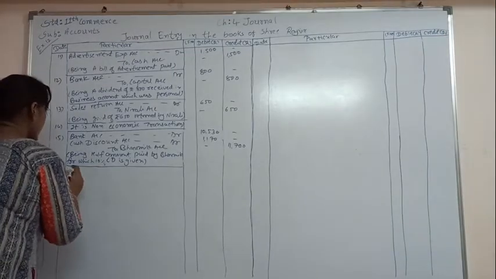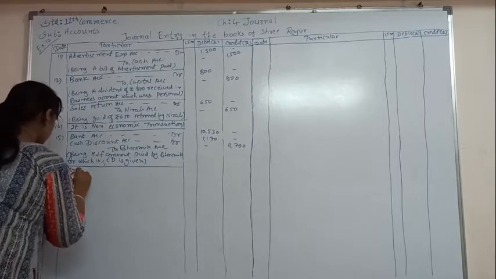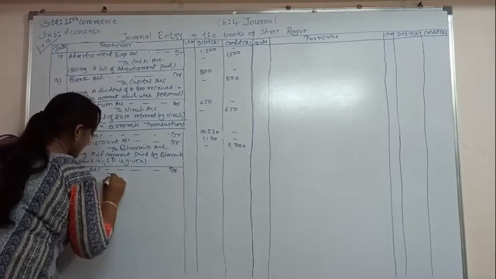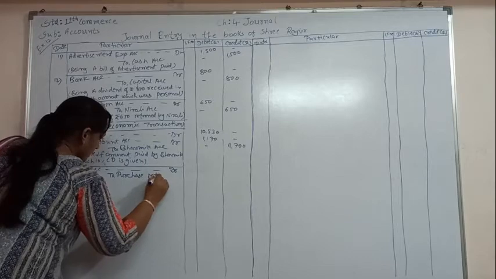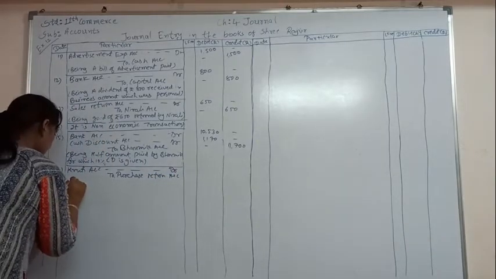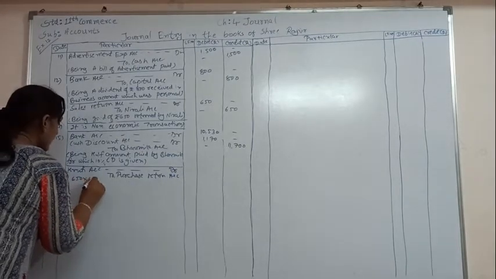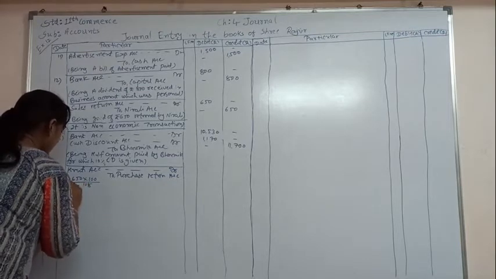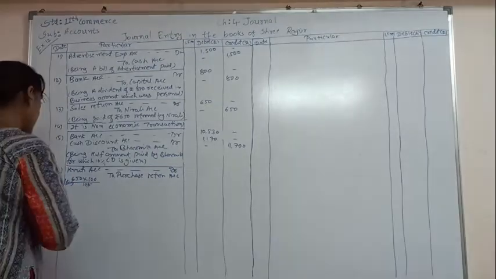The journal entry will be Kruti account debit to purchase return account. Here 650 is equivalent to 108, so in the narration we can write 650 into 100 upon 108.